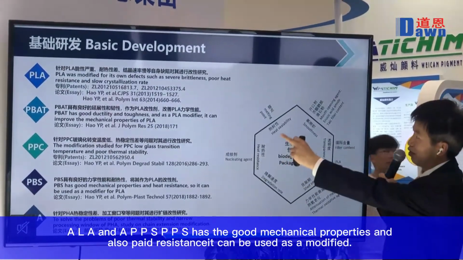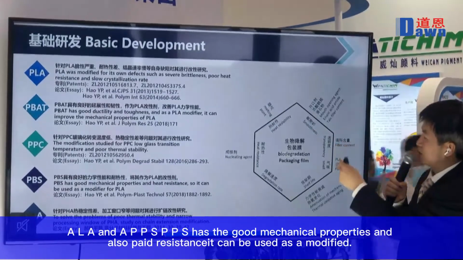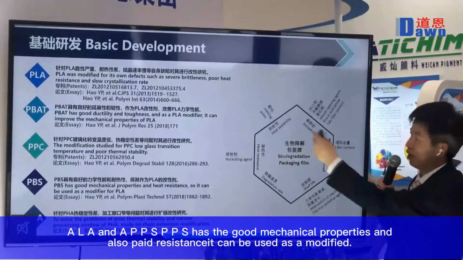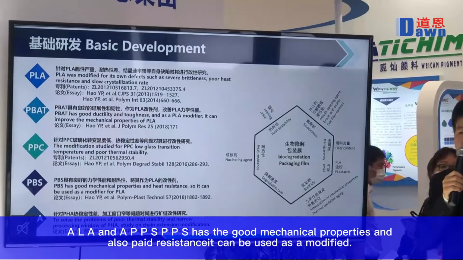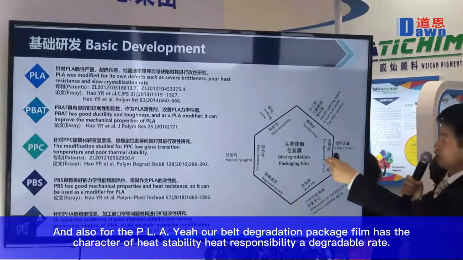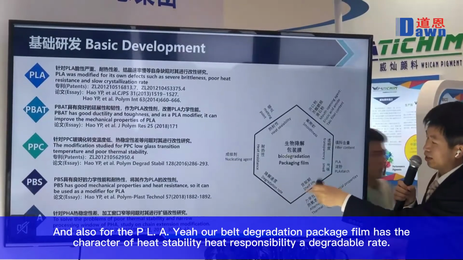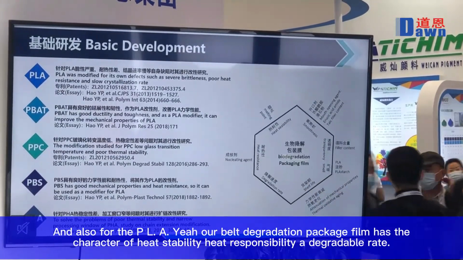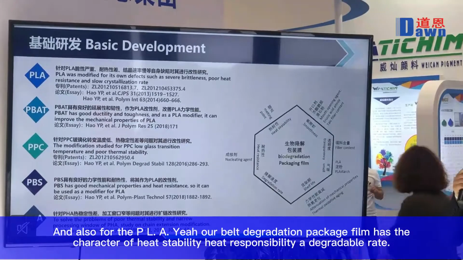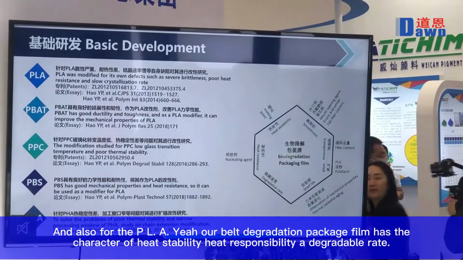PBS has good mechanical properties and also heat resistance. It can also be used as a modifier for PLA. Our biodegradable packaging film has the characteristics of heat stability and a high degradable rate.